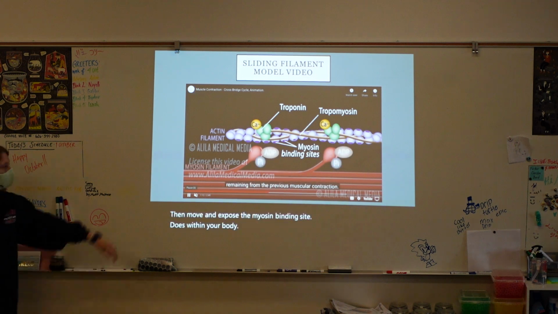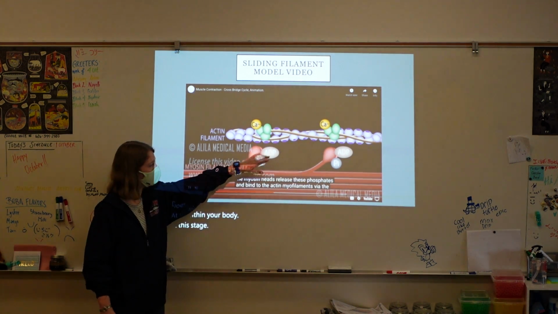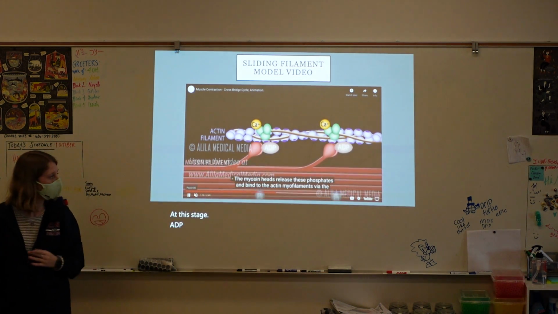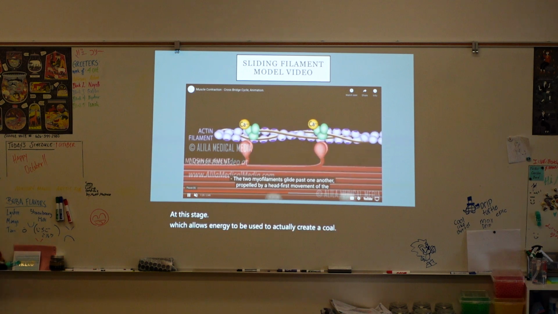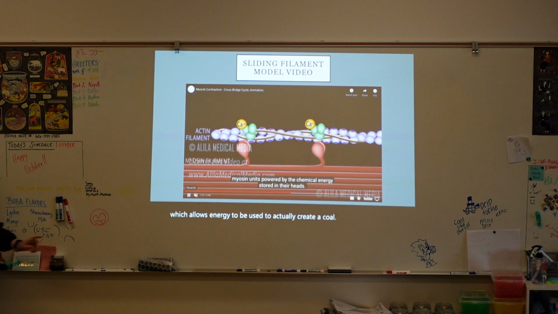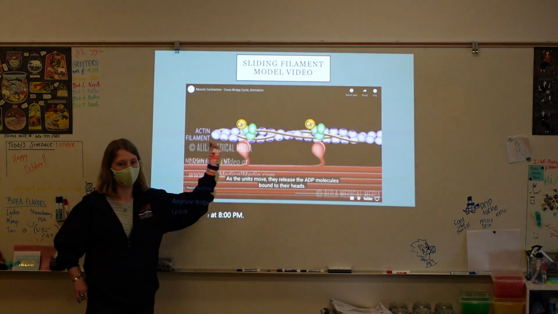Now at this stage, it has the ADP and the phosphate group, which allows energy to be used to actually create a pull. And you can see once that ADP and the phosphate group leave, the myosin actually pulls the actin.